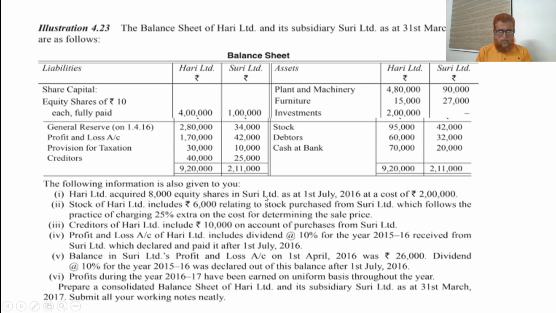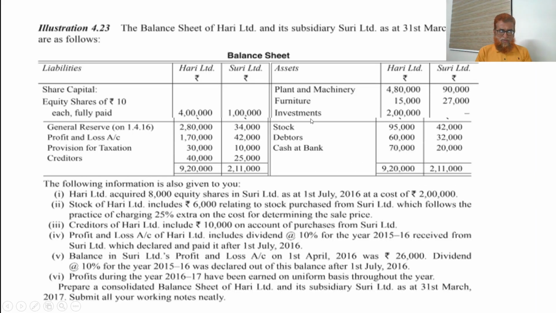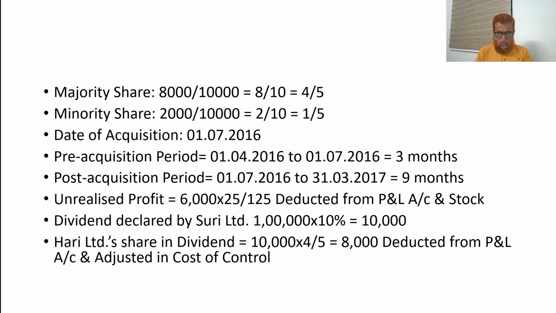And from this, what we can find out is 8,000 shares are acquired out of 10,000. Means majority share is 8,000 out of 10,000, 8 by 10 means 4 by 5. Minority share is the remaining 10,000 minus 8,000, 2,000 out of 10,000 total shares, means 2 by 10 or 1 by 5. The date of acquisition as given in the problem is 1st July 2016.